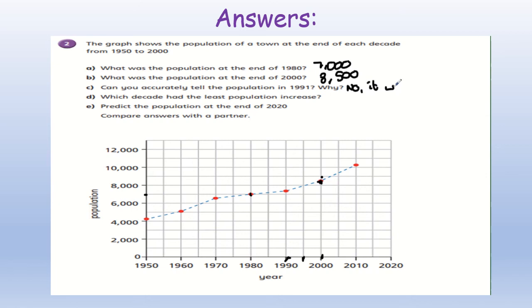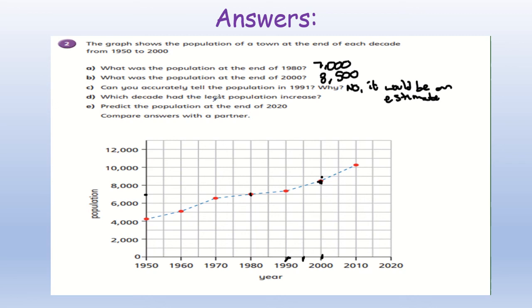It would be an estimate. We can estimate that in 1991 the population was about 7,200, but we can't be completely accurate, can we, as it's not a plotted point.